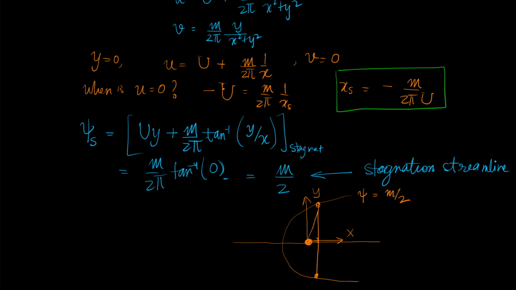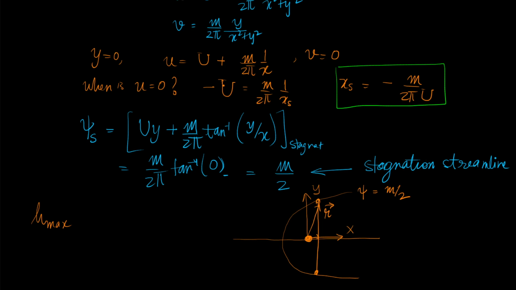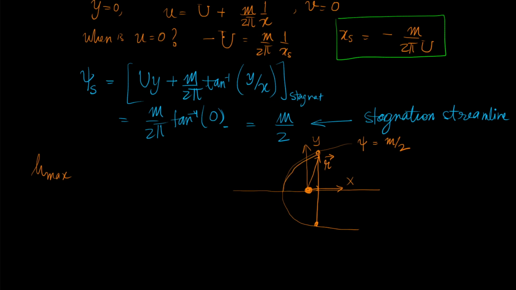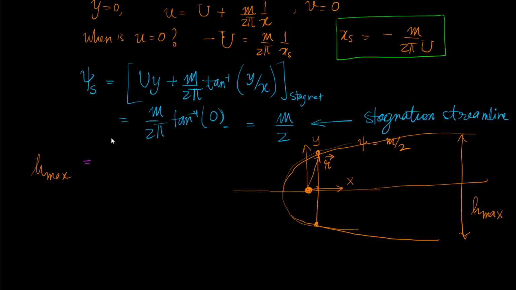So basically at a certain r you can find out what the exact coordinates will be. Okay, and it can be easily shown that h max, that is the maximum span of this, the slope will tend to become constant after a long distance. So this span, which we call h max, it can be shown that it is equal to m upon 2U.